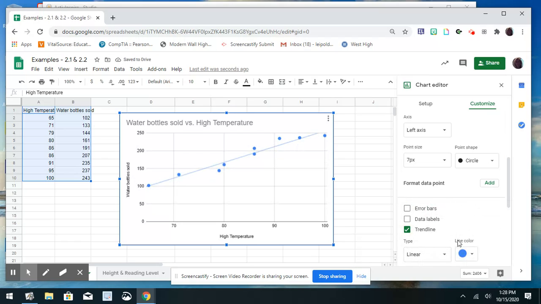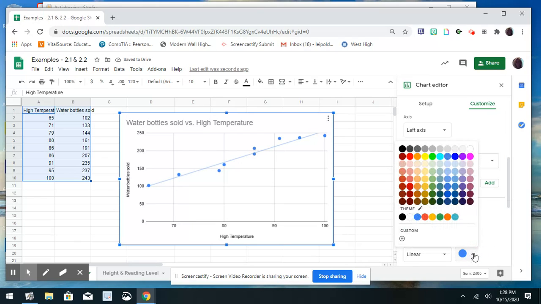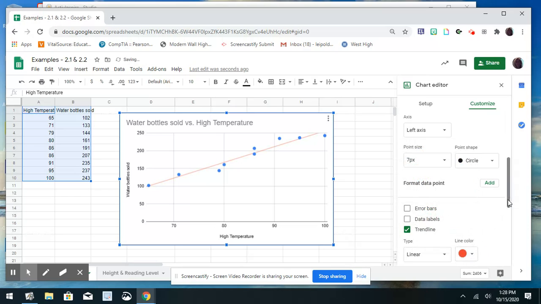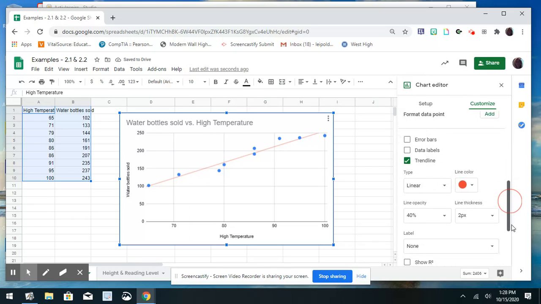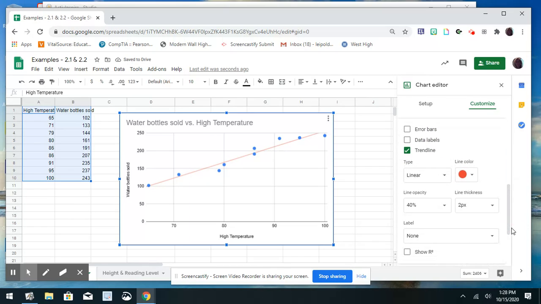We just want a linear trend line, and we can change the color of it. And it is giving us information that would closely resemble the points in our scatter plot.